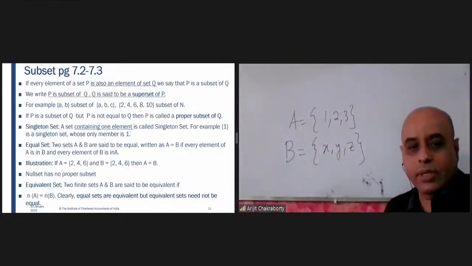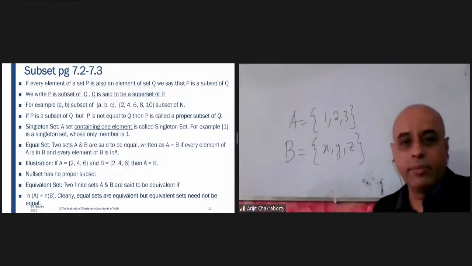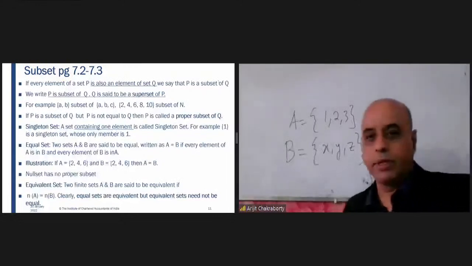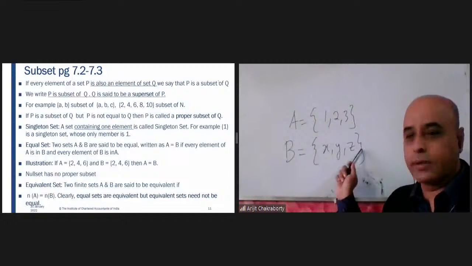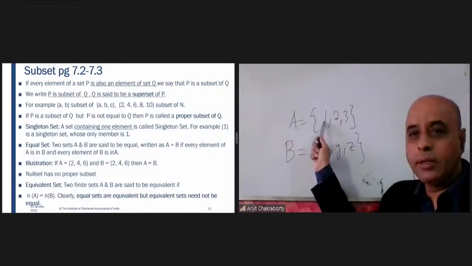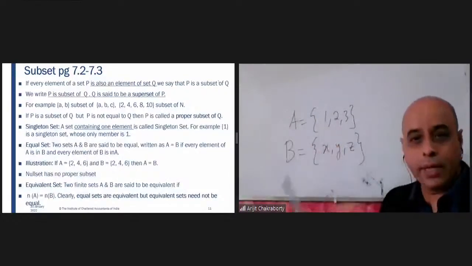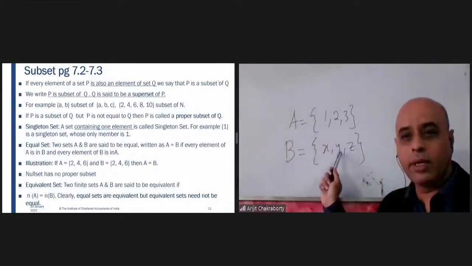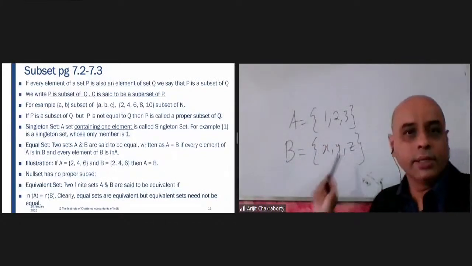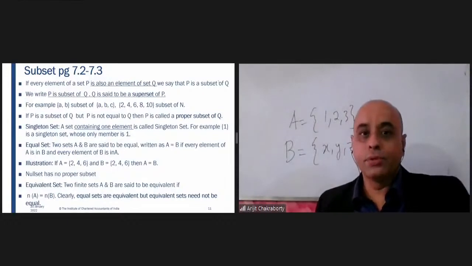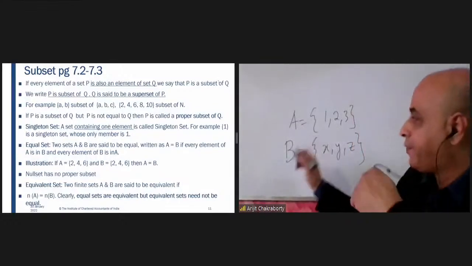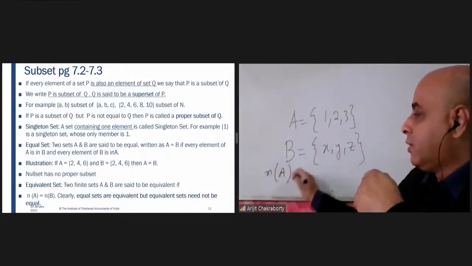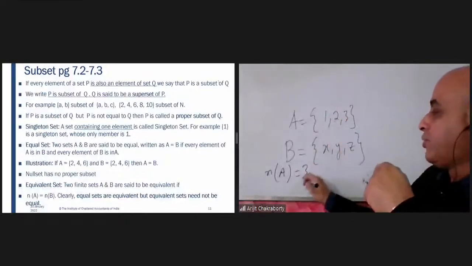Please see the sets. Set A has 3 elements, 1, 2, and 3, its numbers. Set B has 3 elements, X, Y, and Z. Right? So, do they have the same elements? No. But if I ask you, what is the number of elements of set A? That is n(A), 1, 2, 3. So I'll write 3.